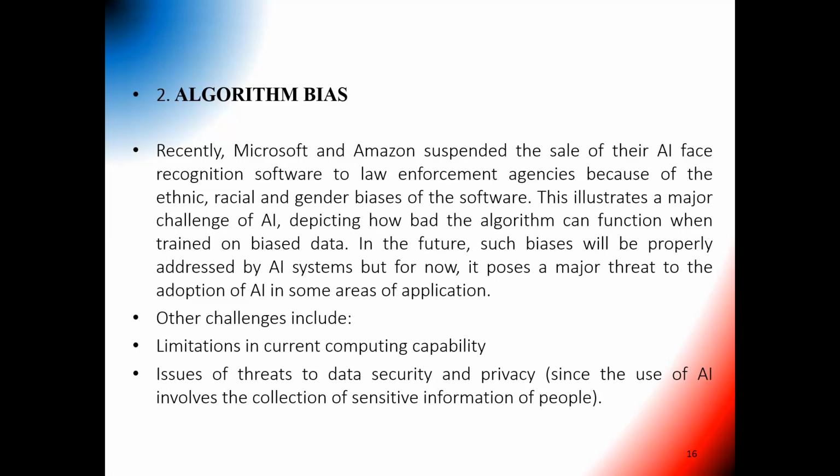So Amazon and Microsoft developed an AI face recognition software, a software which recognizes an individual through their face. All right. So they suspended the use of it because of the ethnic, racial and gender biases of the software. So the software had some bias in terms of race and gender.